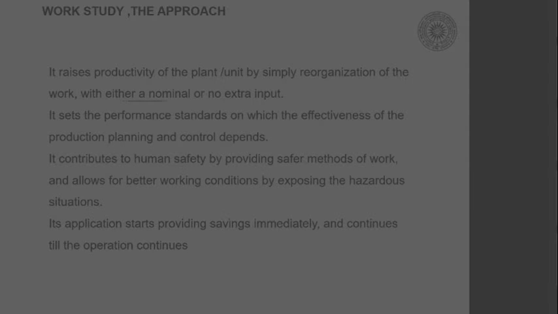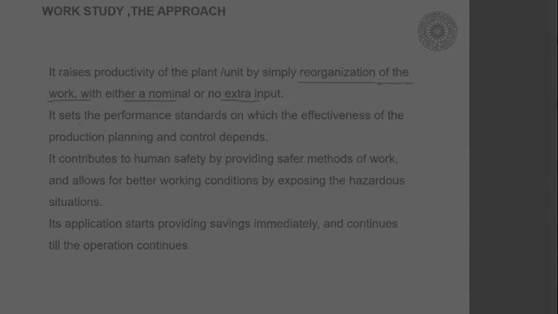That means machines are there, people are there. We need not employ anything else. We have to only reorganize. So reorganization of the work is important, with either a nominal or no extra input.